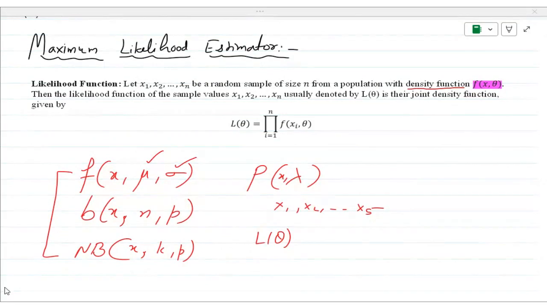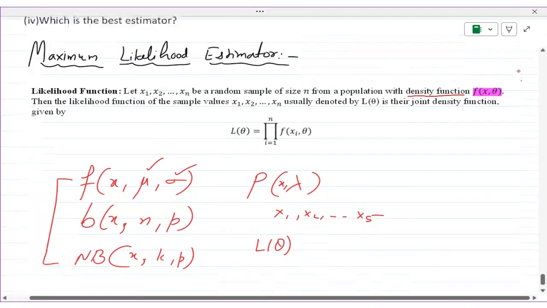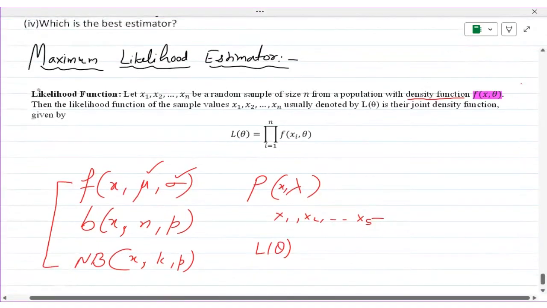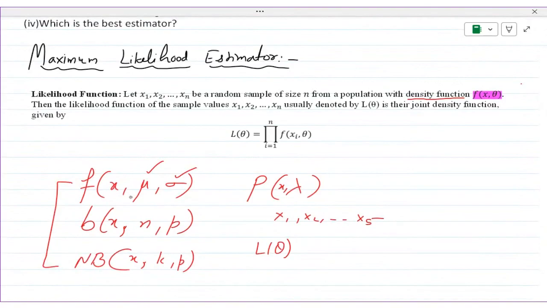Okay, so I am repeating. What is the meaning of likelihood, maximum likelihood estimator? Students, first I told you that in every distribution, whether it is a normal distribution, a Poisson distribution, or a gamma distribution, there are some parameters.